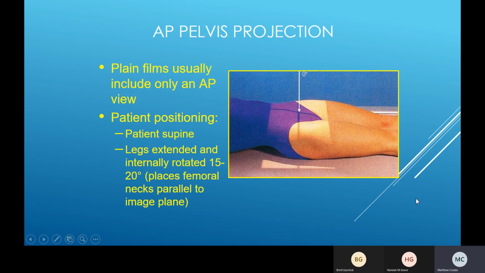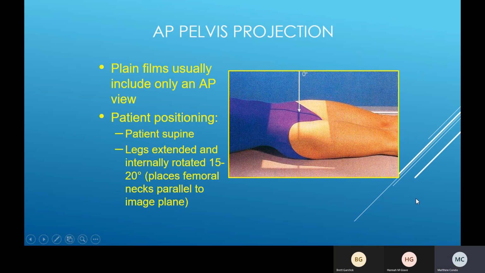Normal AP pelvis, normal AP hip, legs are going to be extended and internally rotated 15 to 20 degrees. What that does is that places the femoral necks, quote, parallel to the image plane or perpendicular to the direction of radiation.